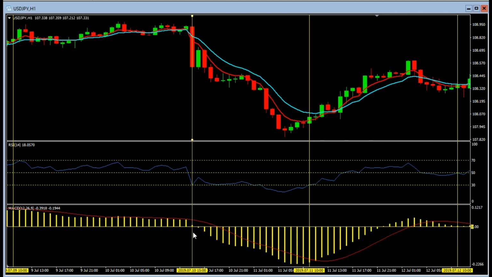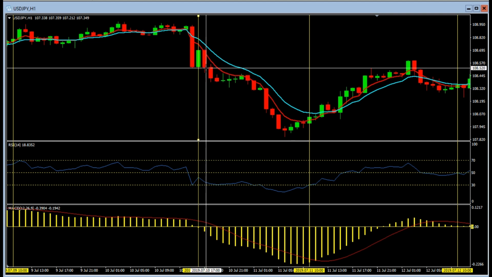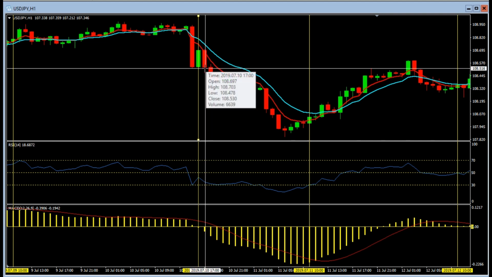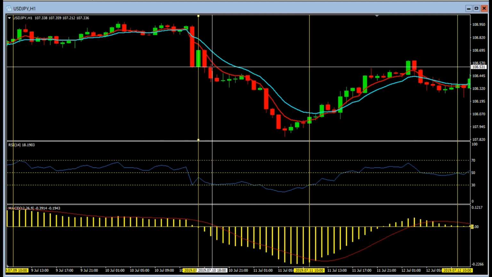So we will wait for the MACD to cross the 0 level. At the next candle, we see the MACD has crossed the 0 level. So here we are getting the signal.